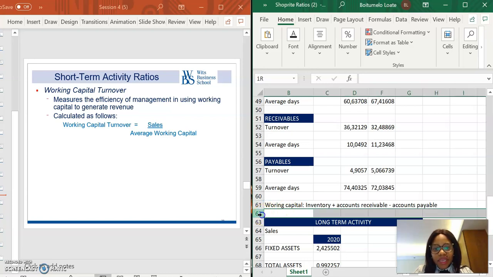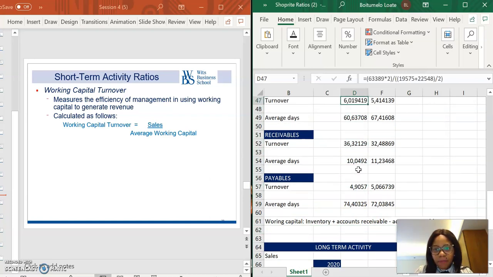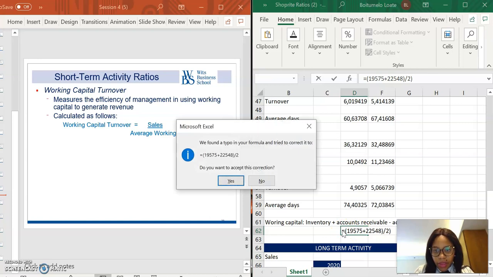Okay, so in the inventory calculation above we had already calculated the turnover for each of these. What I'm going to do now is take the denominator balance, because that will give me my working capital. So I'm taking my inventory balance, divided by 2 to get the average.